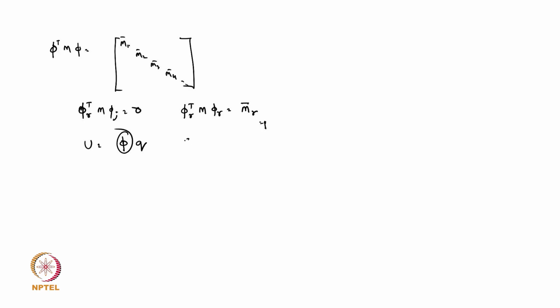That means you are anticipating that phi should be mass normalized, so I will put it as phi bar r. Phi bar r is such that once you divide, it becomes 1. So what is the best way to do it? Say phi r bar equals phi r divided by the root of m r bar.